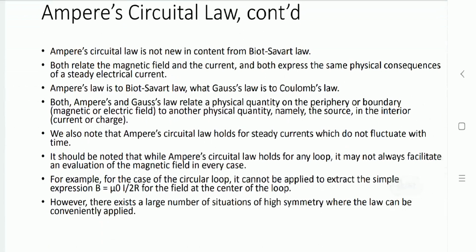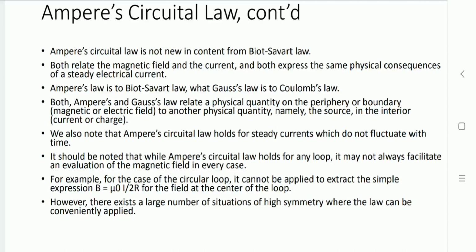Ampere's law is based on the Biot-Savart law, both are related to the magnetic field and the current, and both are expressed for steady state current only. Ampere's law depends on the Biot-Savart law, like Gauss's law depends on Coulomb's law.